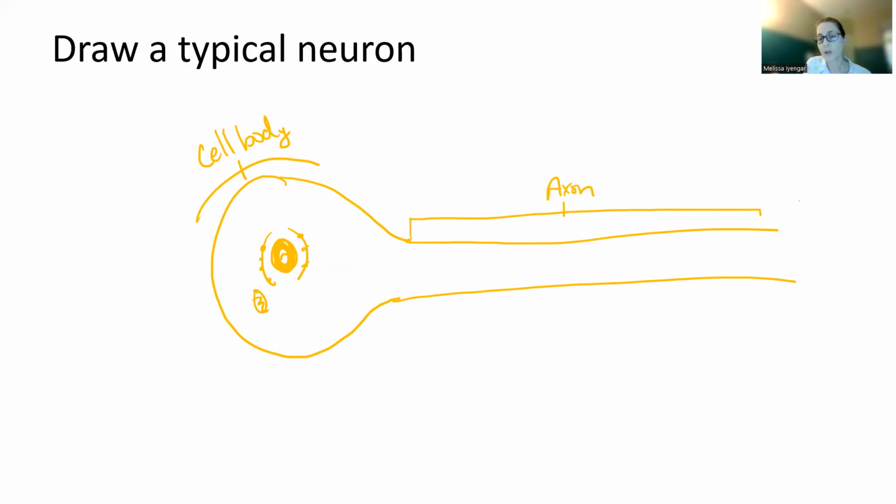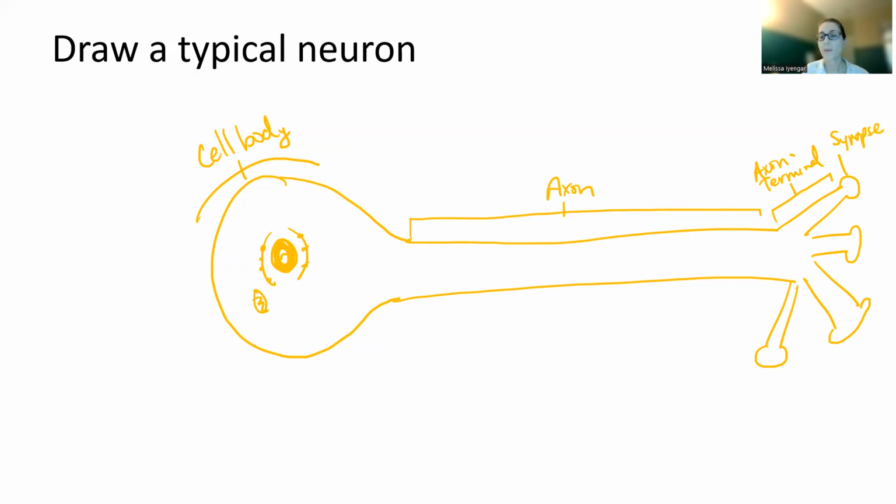Once you get to the terminal end, the axon is going to branch essentially hundreds of times, and it's going to have what's called the axon terminal region that leads into bulbs, and those bulbs are called the synapse. So we'll have our axon terminal, and each of these is a synapse. The point of the axon terminal is for the electrical message to go to the end of the neuron.